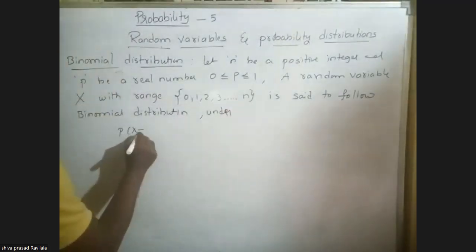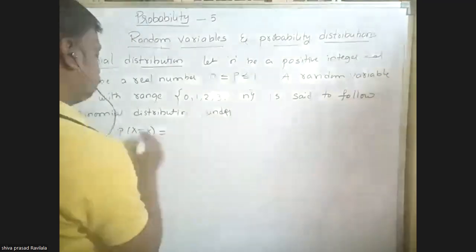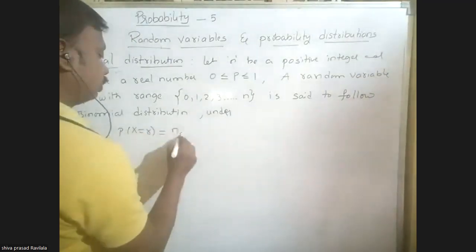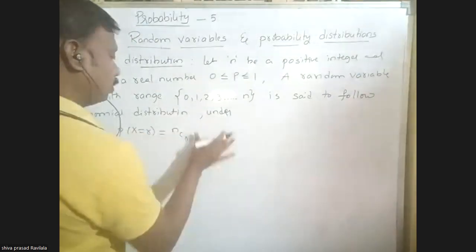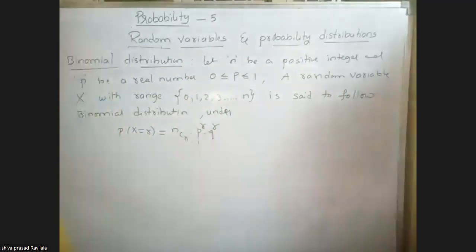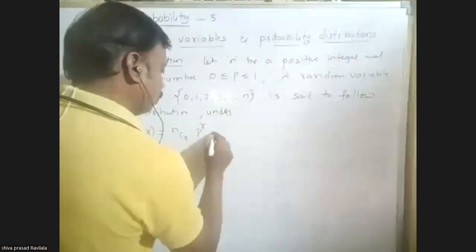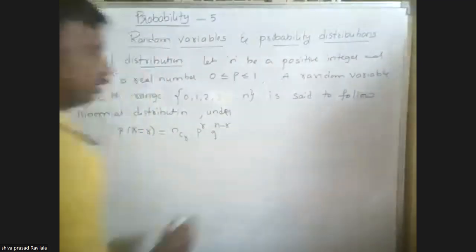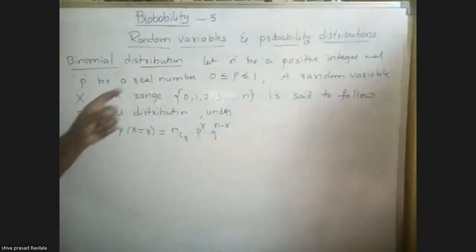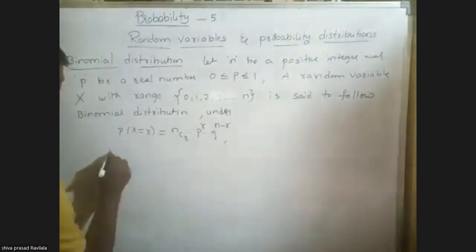Probability of x is equal to r is equal to the general (r plus 1)th term in the binomial theorem. Probability of x is equal to r is equal to nCr into p power r into q power n minus r, where p is equal to success cases and q is equal to failure cases.